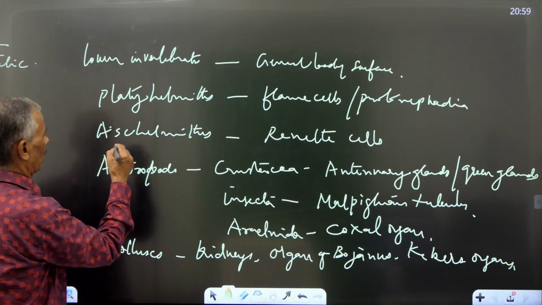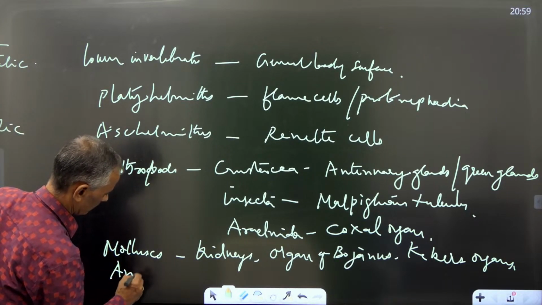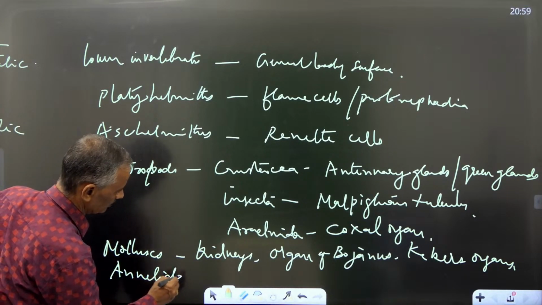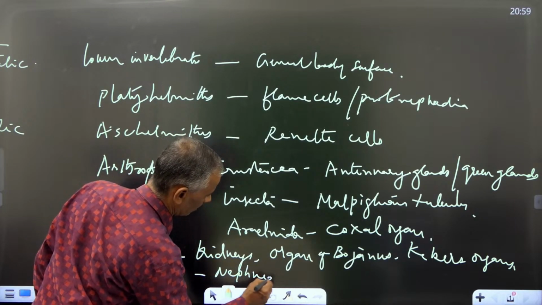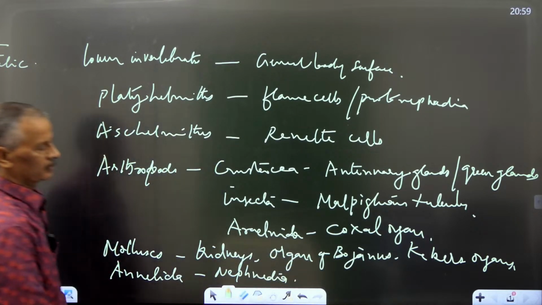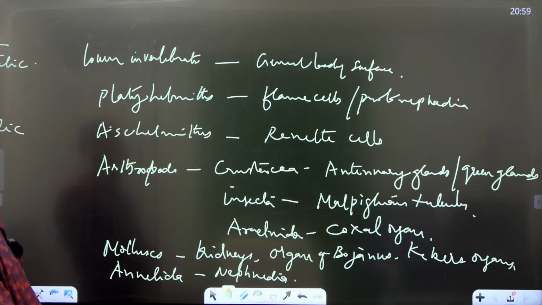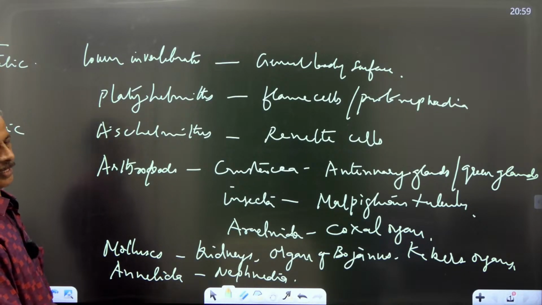In Annelida, annelids have tubes called nephridia. Nephridia is the excretory organ. Okay.